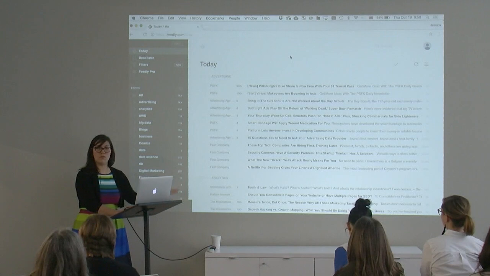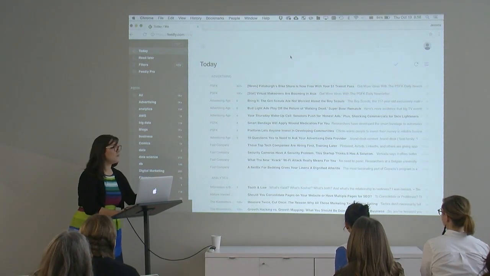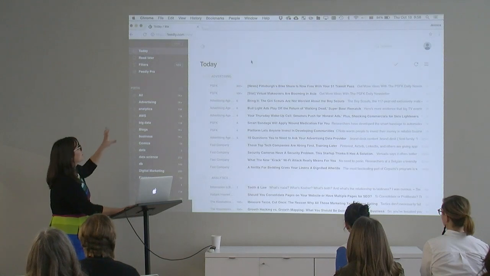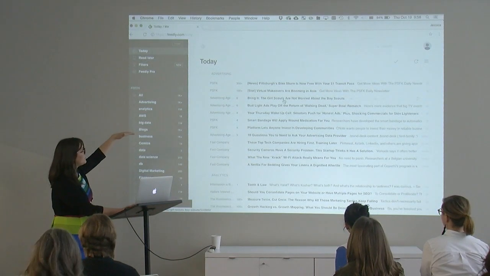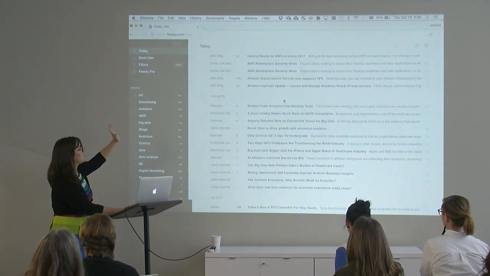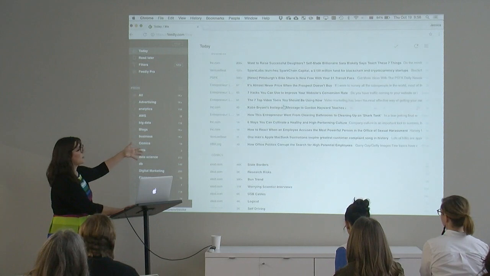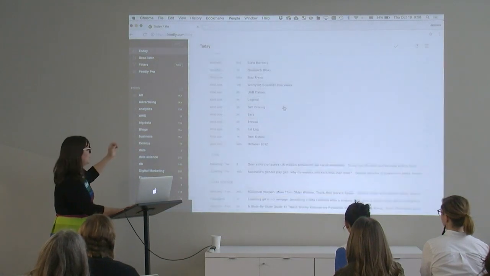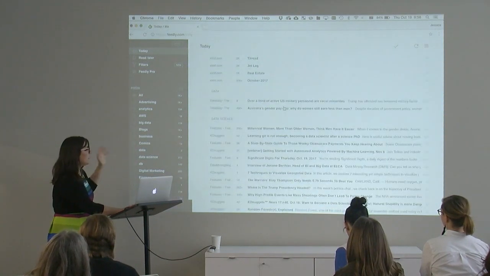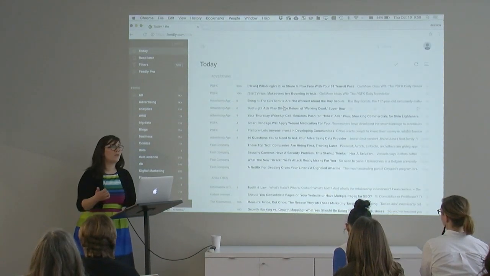I literally put all of those four blogs you've seen, plus many other things, within this one area. So today, I can see all of this information about advertising, analytics, Amazon Web Services, big data, blogs, business. I've got to add the comics. You've got to have some fun stuff in there. You do data science. So you can add all these kinds of information in there where you can pull it up on your phone.